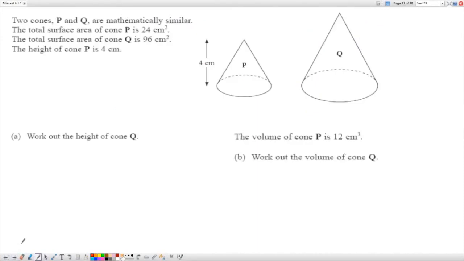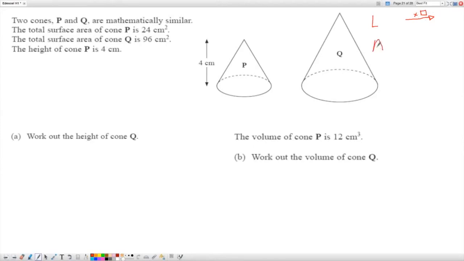Here are 2 cones, P and Q. We're told they're mathematically similar, and we're given some details around the surface area and the heights, and we're going to be looking at volumes. So before we move any further, let's recap similarity. If a shape is similar, when we look at the lengths and move from one to the other, we just times by the scale factor, whatever that might be, 2, 3, 4.